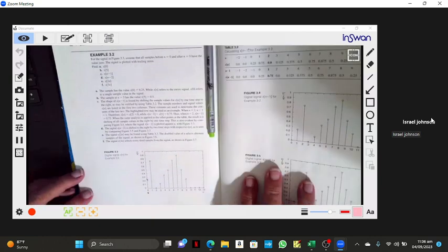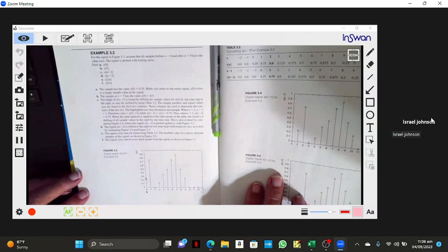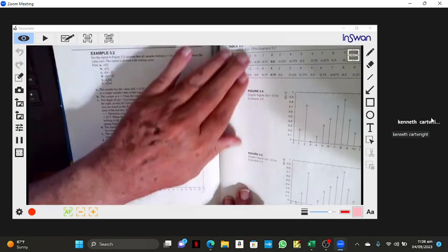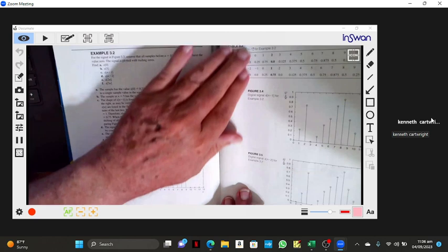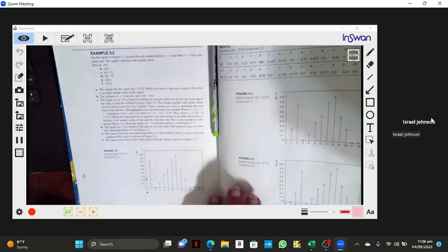The value at that specific point on the x-axis. What specific point? 0.